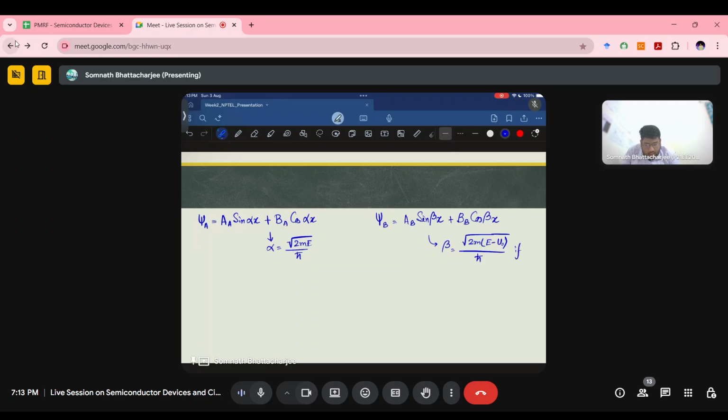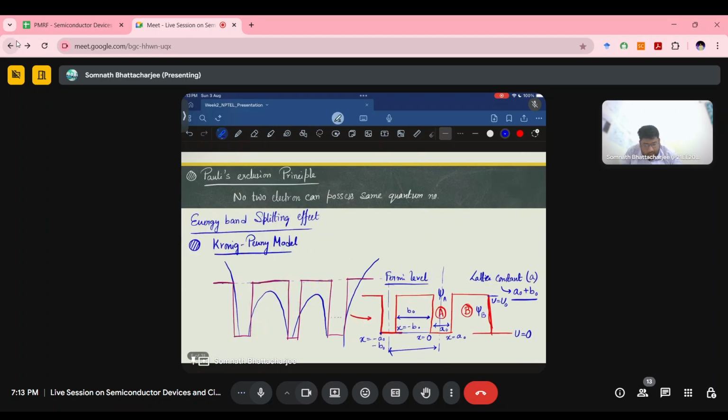So in this case, we have to consider E greater than U naught, that this energy level is much less than the E value.